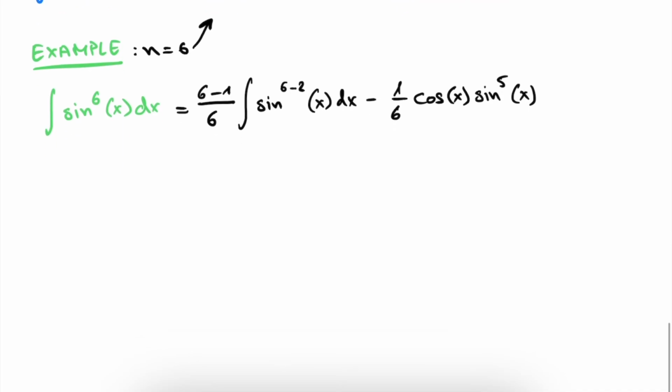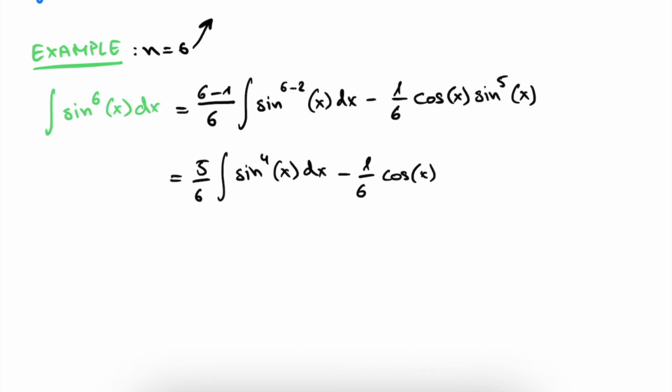This of course then becomes equal to 5 divided by 6 times the integral of sine to the power of 4 of x dx minus 1 over 6 times cosine of x times the sine to the power of 5 of x. And this is the first iteration. What we did now is reduce this integral of sine to the power of 6 to an integral with sine to the power of 4.